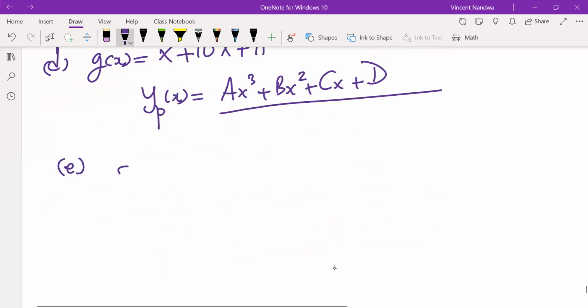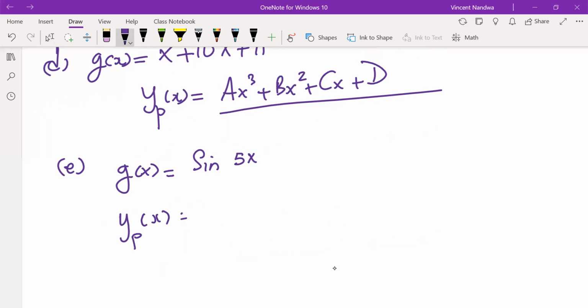So E, if g of x is given by sine of 5x. Now this being a sine function, then the correct form of yp is the linear combination of cosine 5x and sine of 5x. And then you solve for these unknowns, a and b.